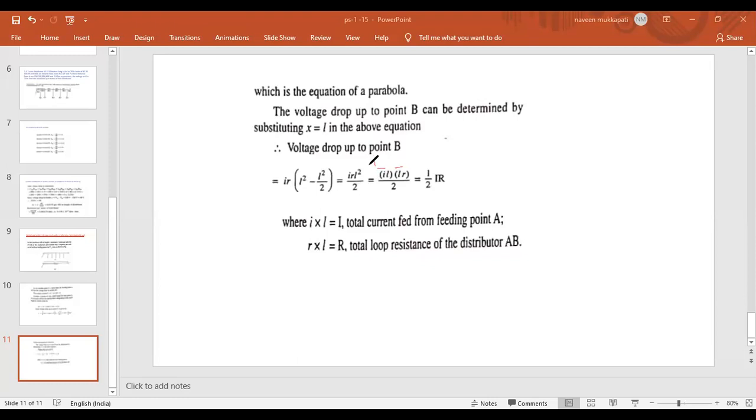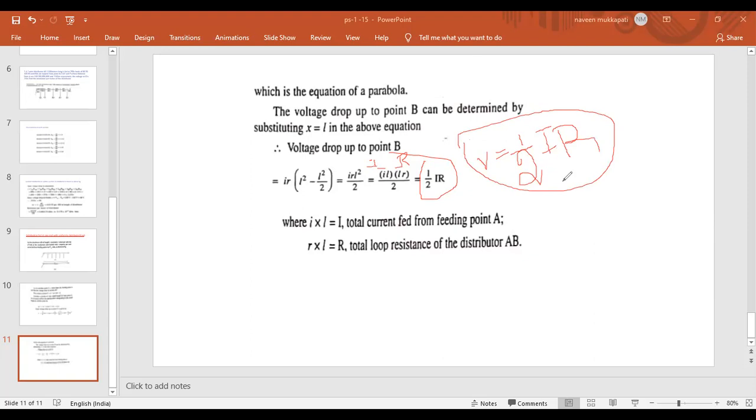This is taken as capital I and this as capital R. Therefore, the total voltage drop up to point B is half into IR.